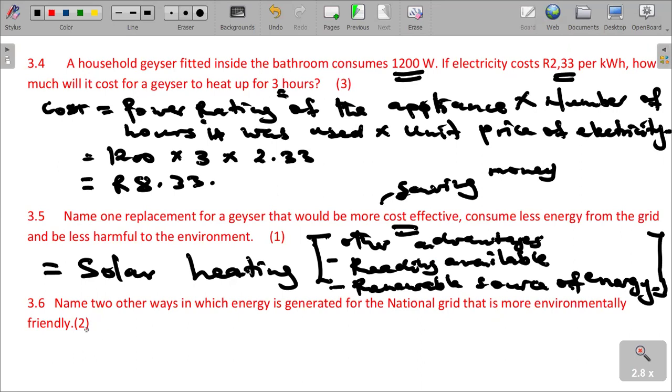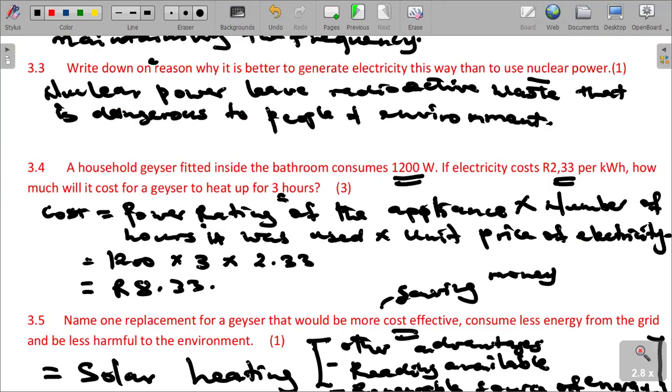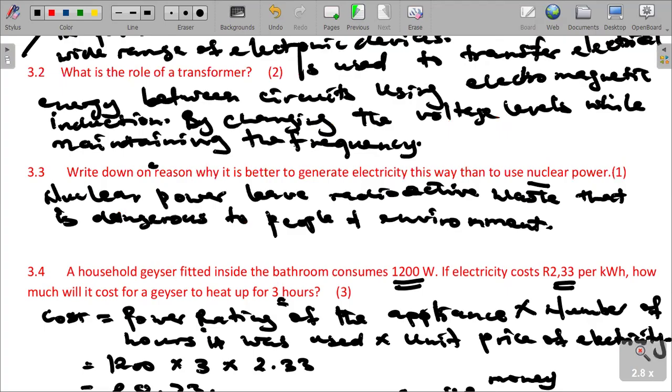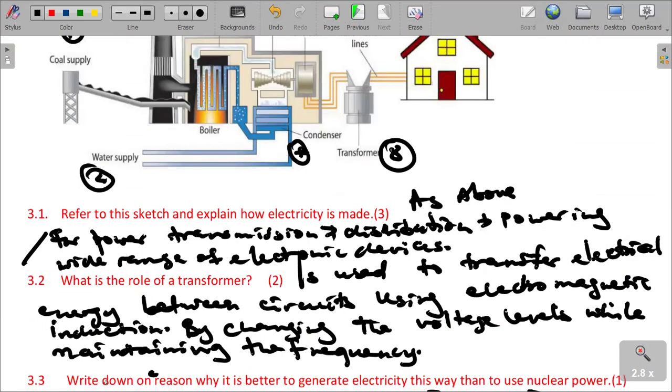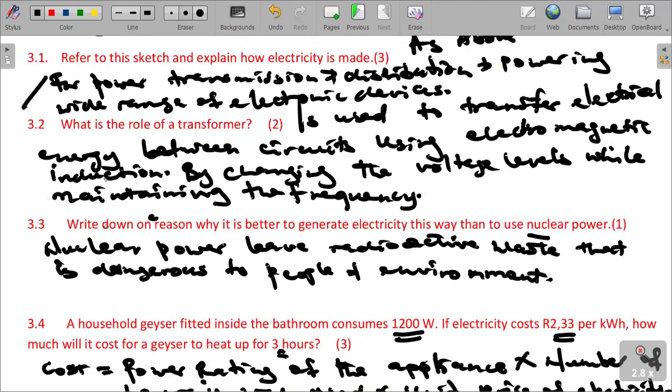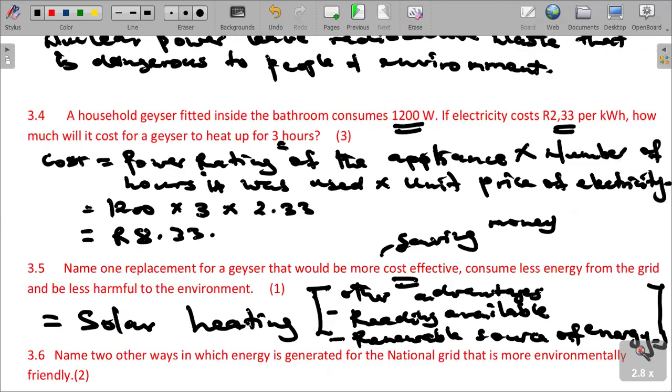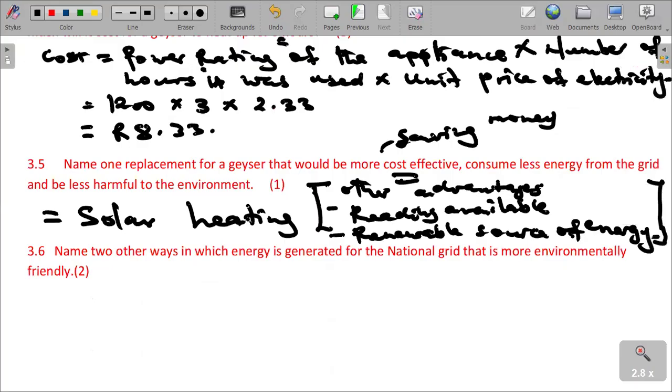Number 6, we already answered that one in the previous question, where we talked about solar energy and also geothermal energy.